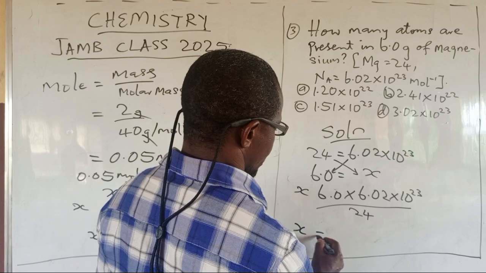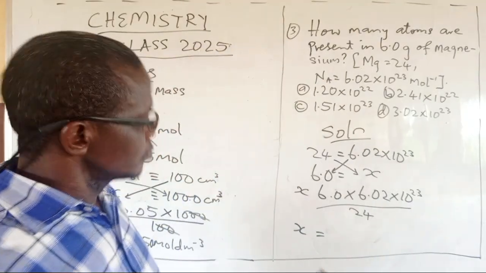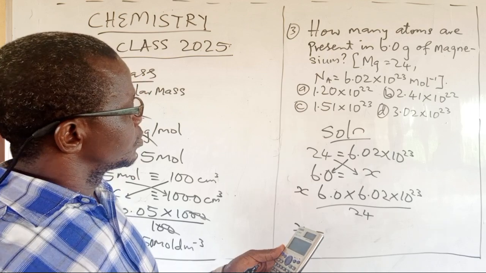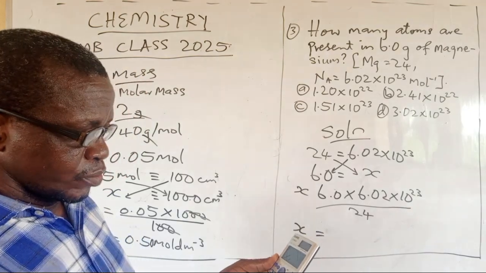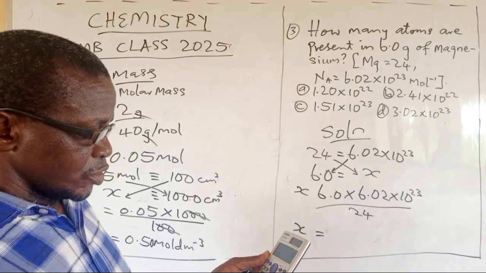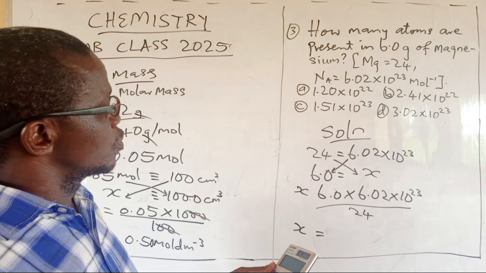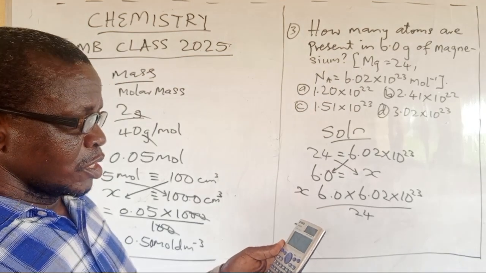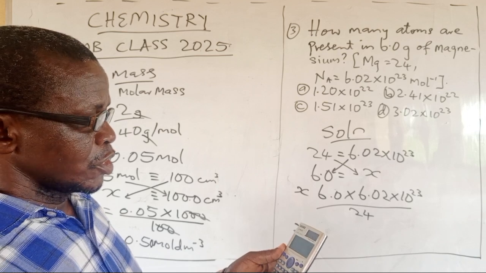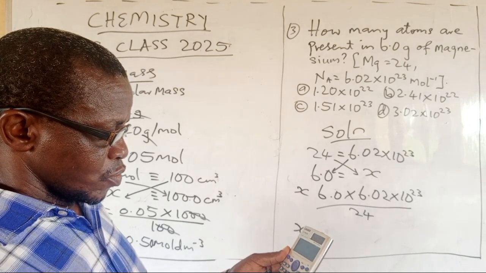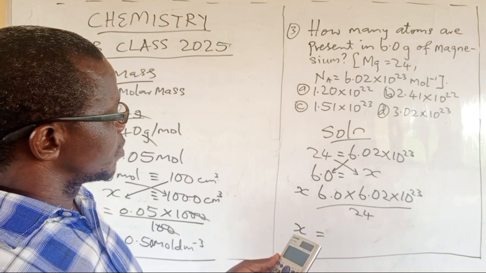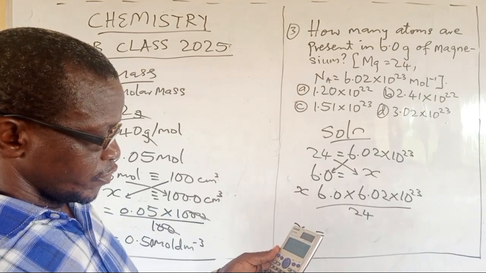Now your x will be, let's do it together, 6.0 times 6.02 times 10 to power 23 divided by 24.